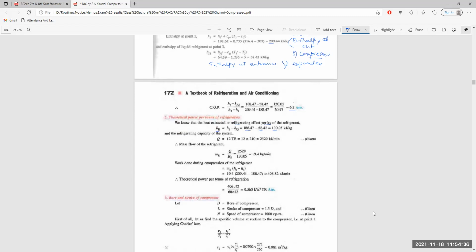So the theoretical power is given by dividing this by 60, in kilojoule per second. This is the actual power and the indicated power.